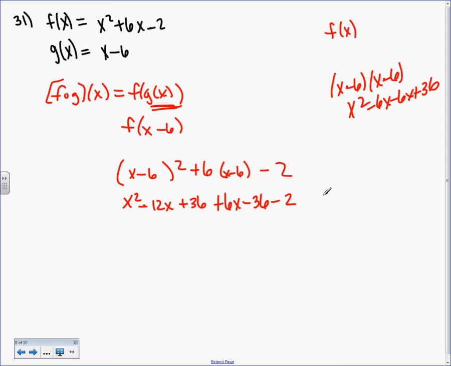I just finished it out. Combine like terms. So I'm going to get x squared minus 6x minus 2. If you combine like terms, is that okay? Okay? Is that a fraction? No? So all real? All real.